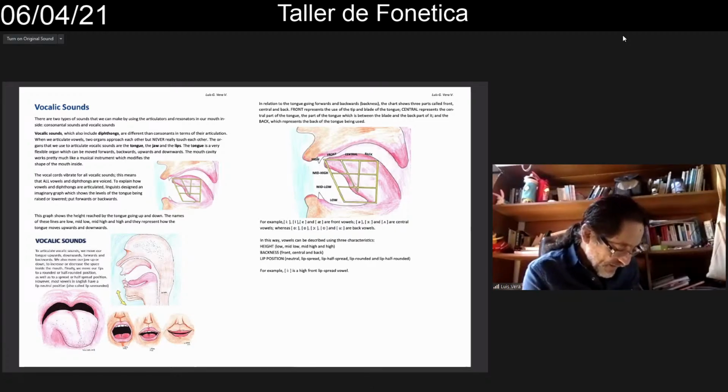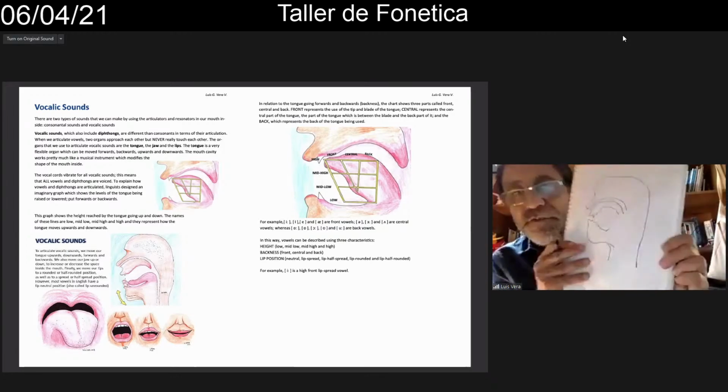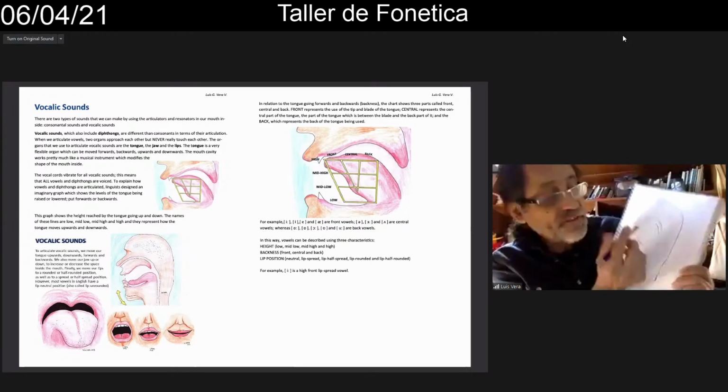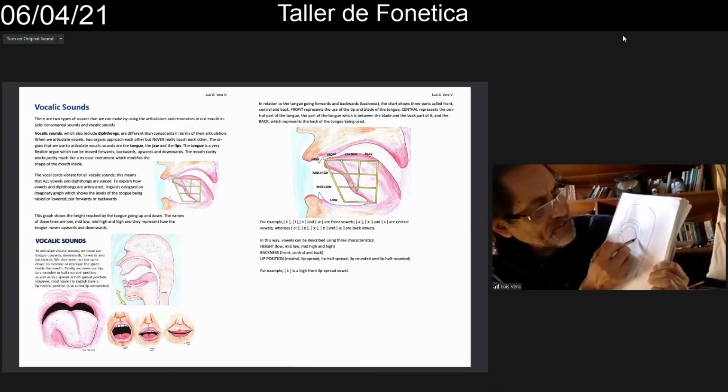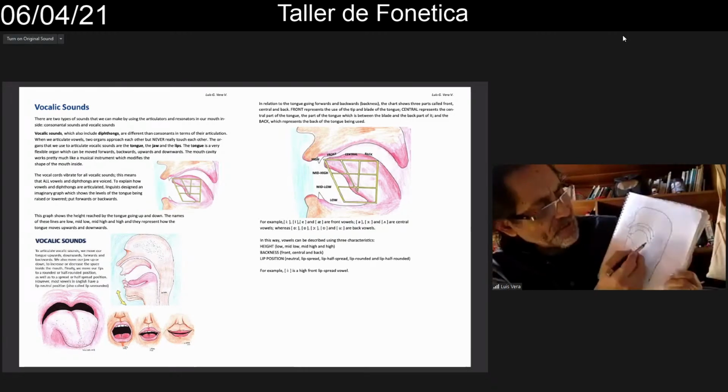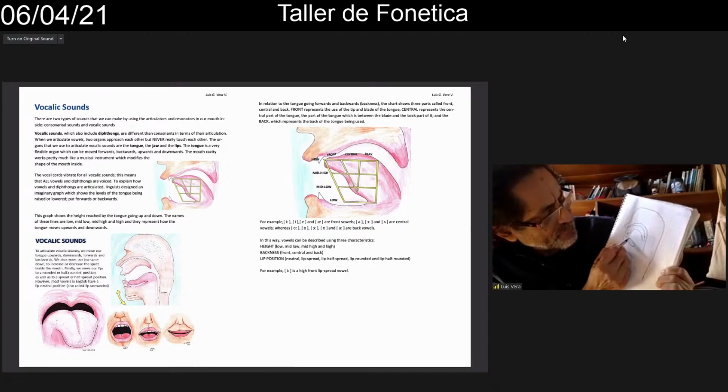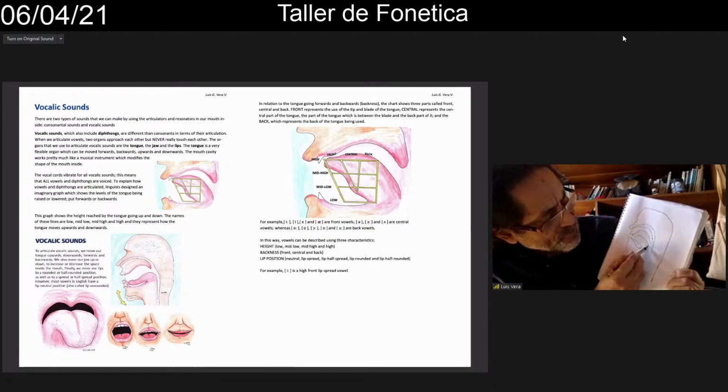You have to give space to the nasal cavity, right? And then the nasal cavity gets together with the velum here. And then the tongue that is really like this.